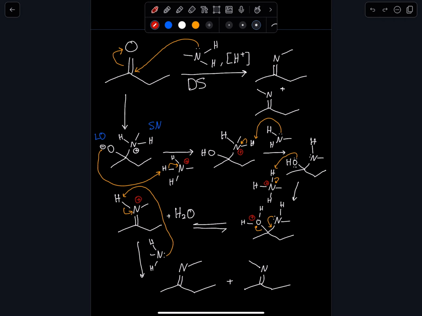So understanding that stability pattern will help you to write the mechanism every time.